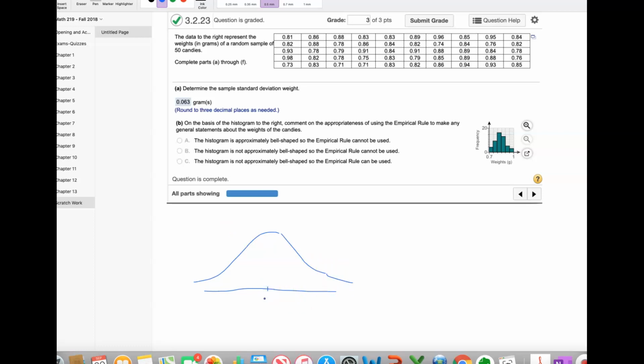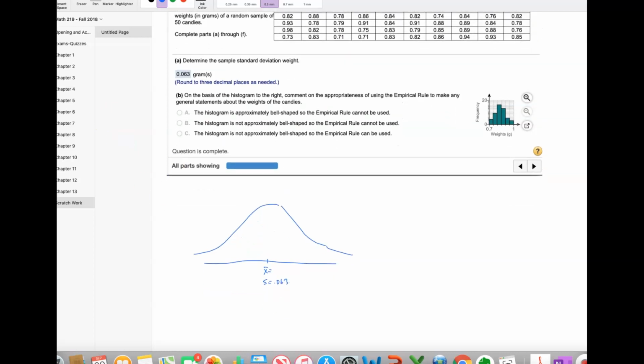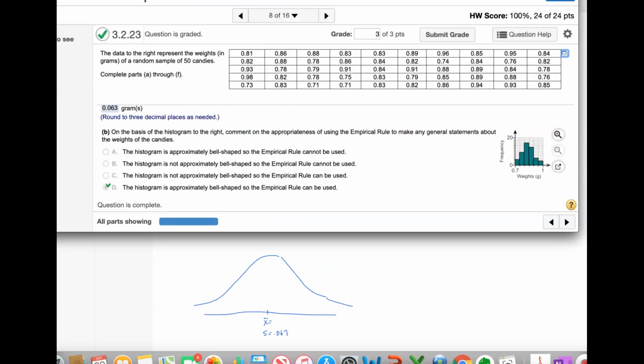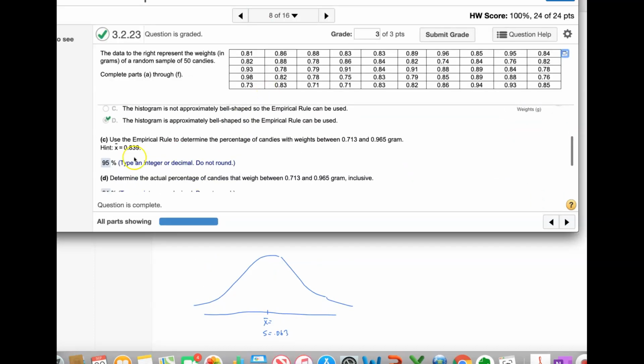We know what the standard deviation is, 0.063, and from our work here we know the mean was 0.839.